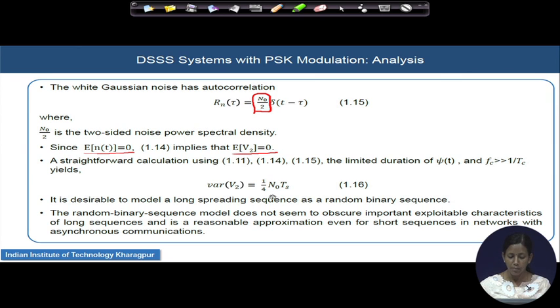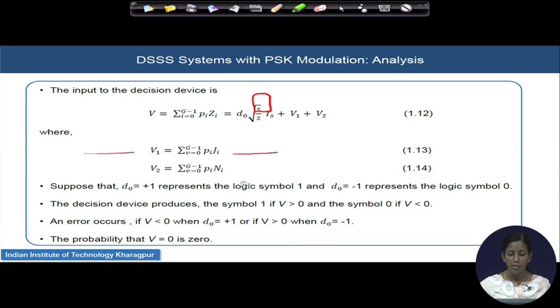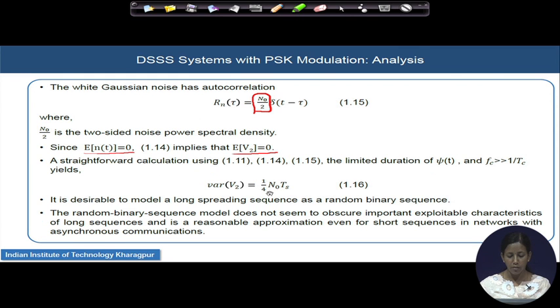Why this T s? Because we are at the input of the decision device, where the psi t inside will be substituted by the addition of all the points over 0 to G, the capital G number of sample points, and this N 0 by 2 is the contribution from the autocorrelation function.